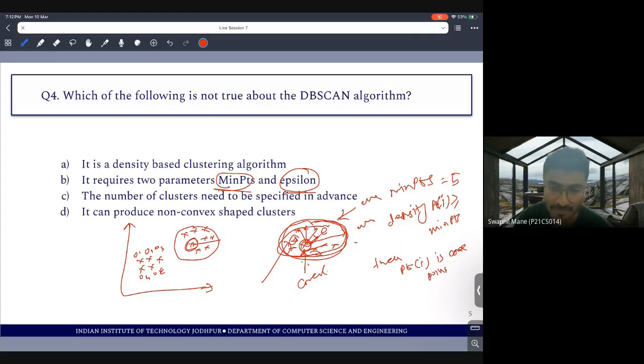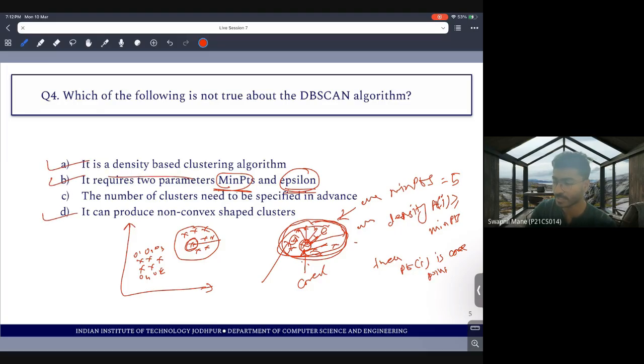The user only needs to adjust the minimum points and the epsilon: how many minimum points you want to specify for a particular cluster, and the epsilon value, what is the size of the circle you want to take. Okay, so these are the true points.